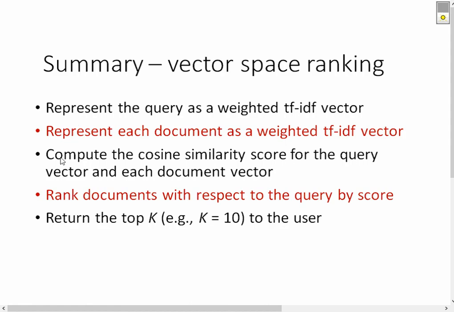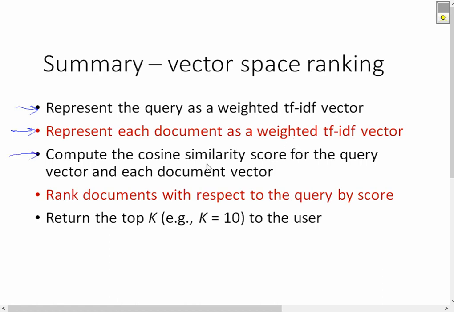So just a summary of the whole unit. Some of the key ideas are representing a query as a TF-IDF vector, because it's a document and I can calculate TF-IDFs on it just as I can for any other document. Again, we're going to represent each document as a weighted TF-IDF vector. And we've talked a little bit in the previous unit about how we actually calculate that.